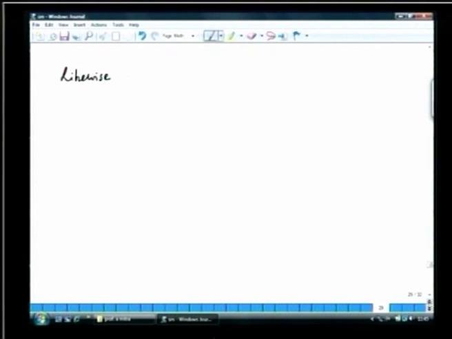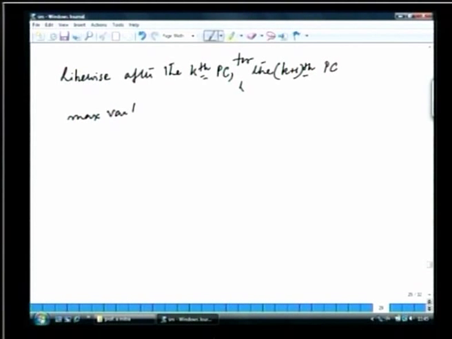Likewise, after the kth principal component, for the k plus 1th principal component, we must have the maximum of variance of L prime x, where L is now orthogonal to E1 to Ek, and of course, the original condition that L transpose L is equal to 1.